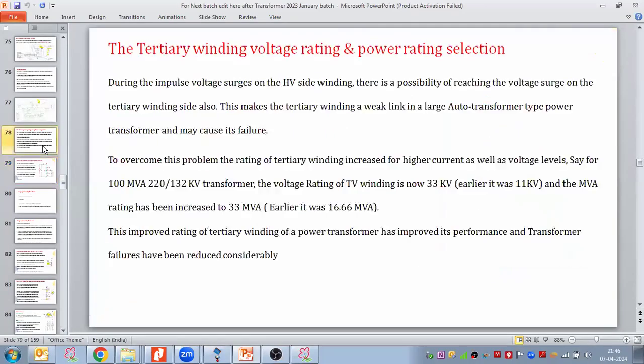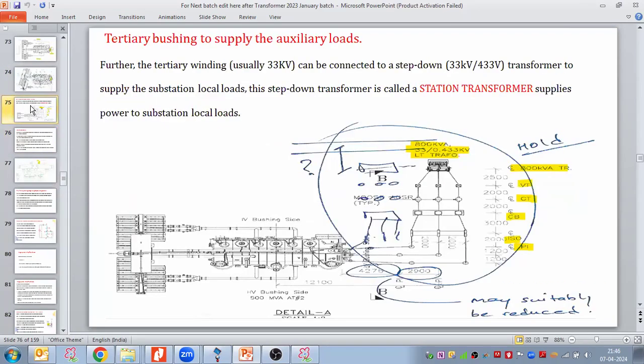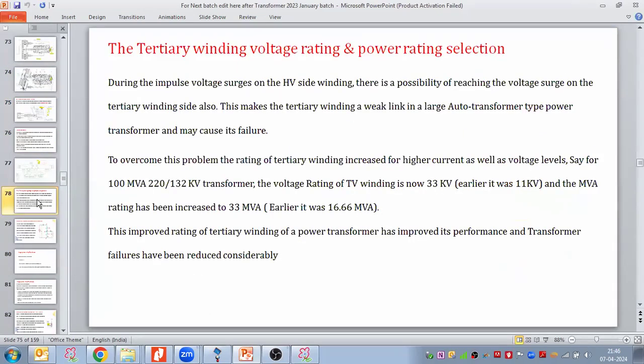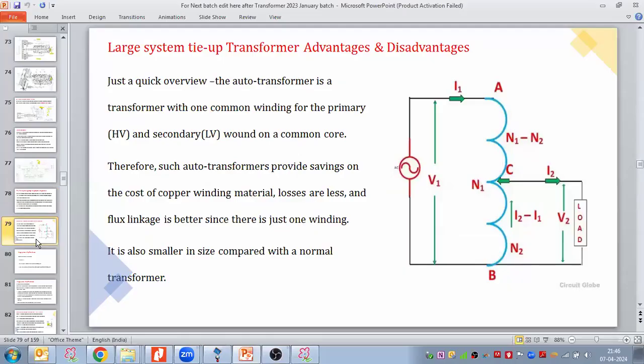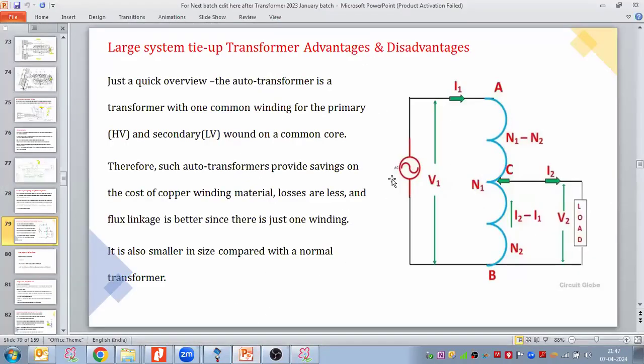Since the auto transformer provides a huge cost saving because there is one winding in that, why are we not using auto transformer everywhere? Because it has some disadvantages as well.